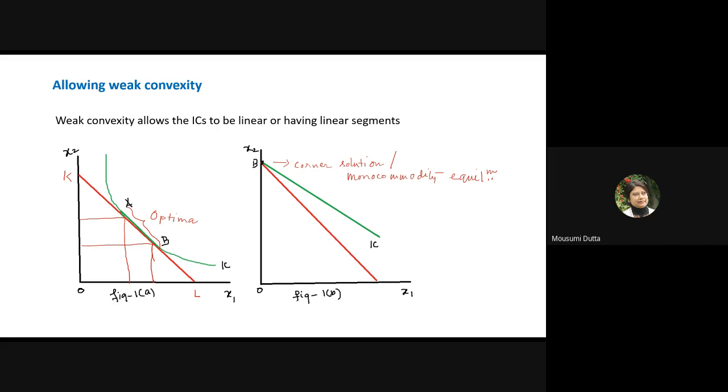Next, I think already you have considered this kind of case, which I have considered in figure 1b, the possibility of corner solution. Here I am considering the IC to be flatter. It can be steeper as well.